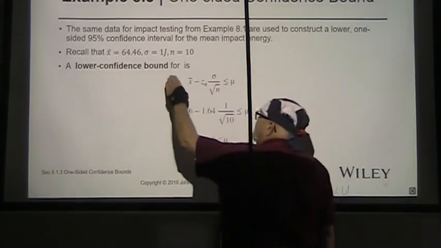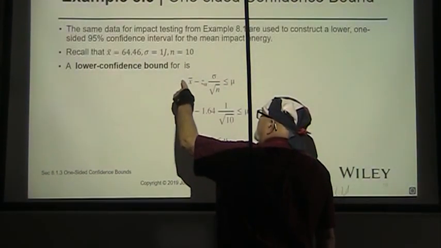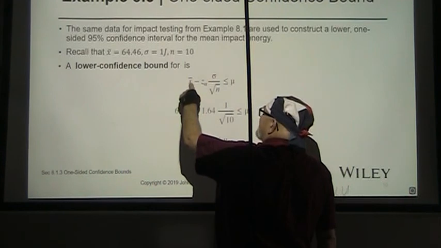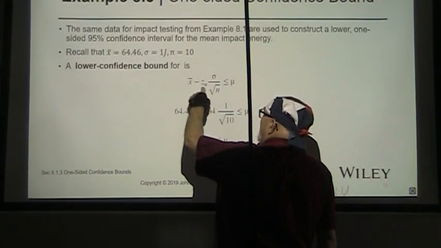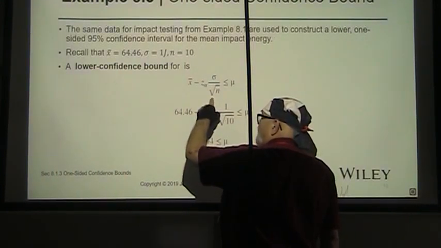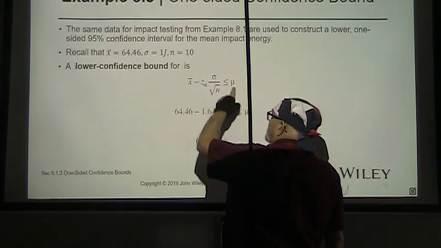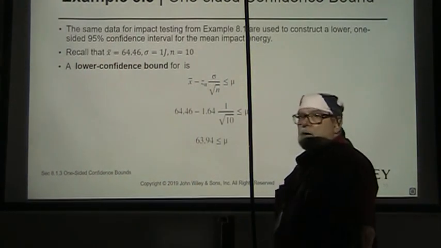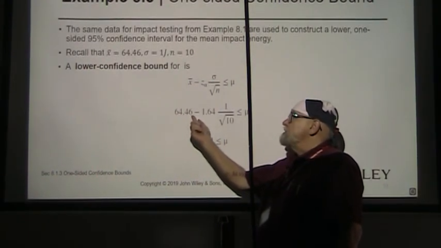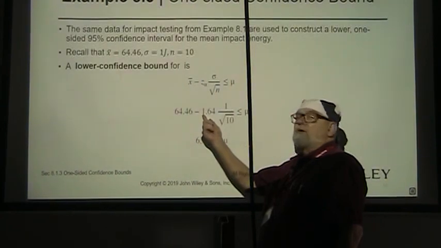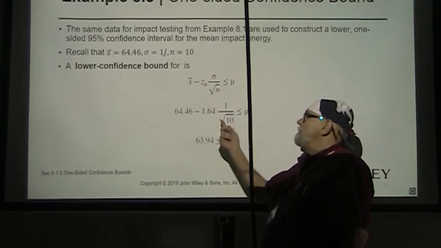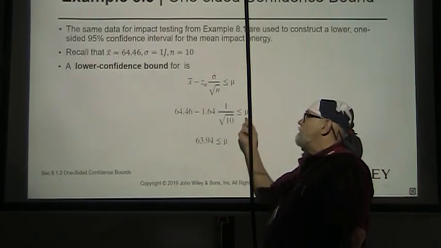So a lower confidence bound for mu, they forgot mu here, is x bar minus z alpha times standard deviation divided by the square root of n, less than or equal to mu. We substitute in 64.46 minus z alpha, in this case 1.64, times 1 divided by square root of 10, less than or equal to mu.